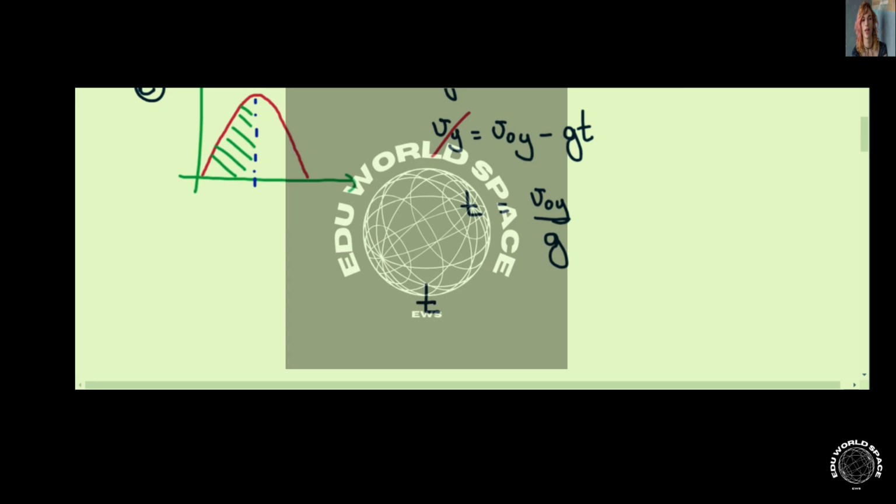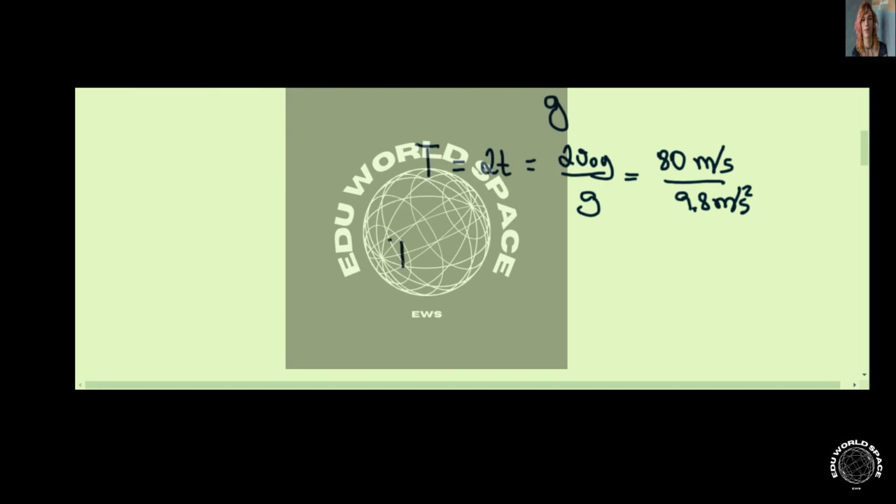So the time for which the rocket was in the air, I'm going to call it capital T, is 2t, so that's 2v0y over g. 2v0y is 80 meters per second, while g is 9.8 meters per second squared. So capital T is equal to 8.16 seconds.